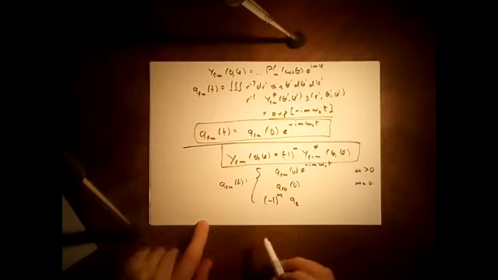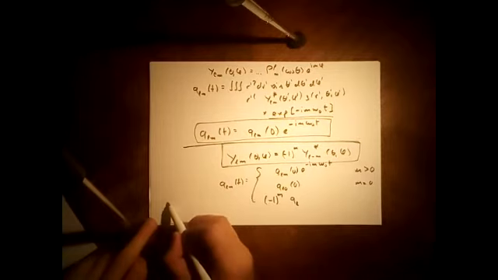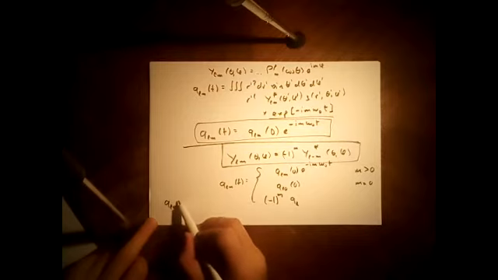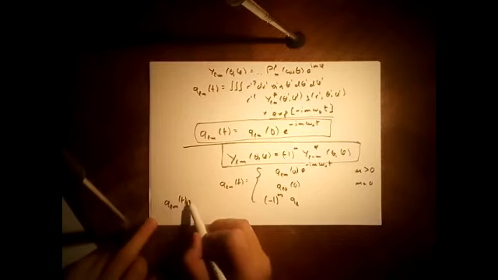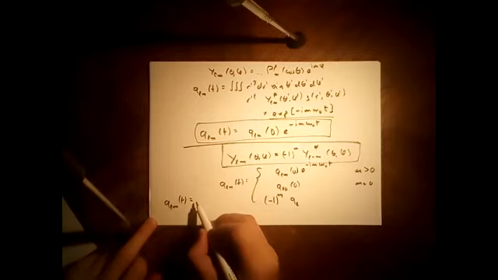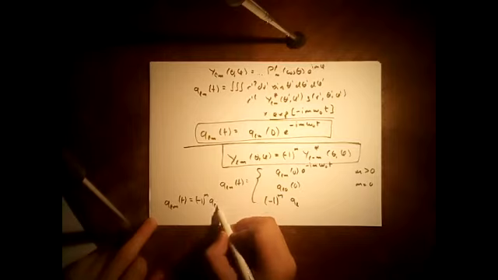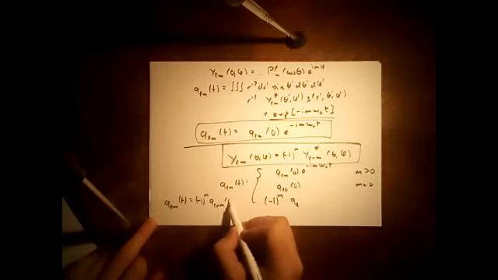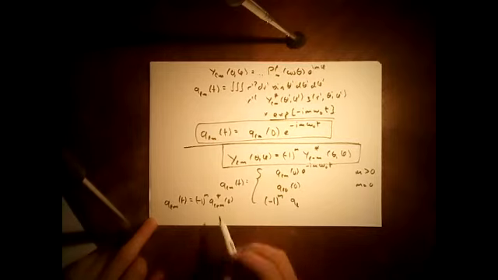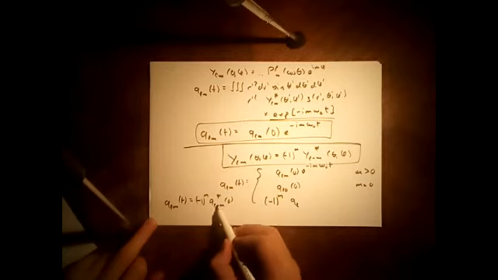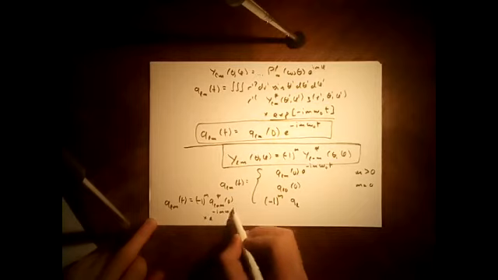Basically what I'm going to do is, for QLM, I'm going to use this. So QLM t is equal to minus 1 to the m QL minus m 0 complex conjugate, and that's also multiplied by e to the minus i m omega 0 t.